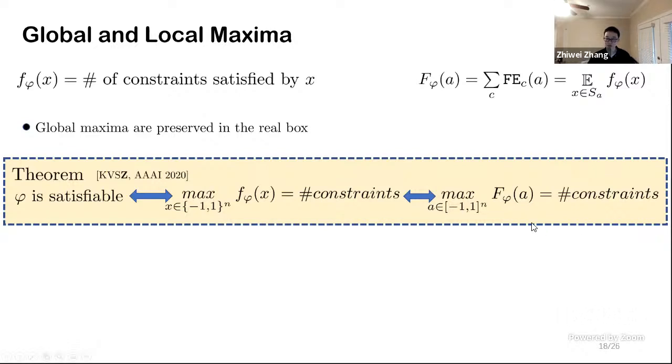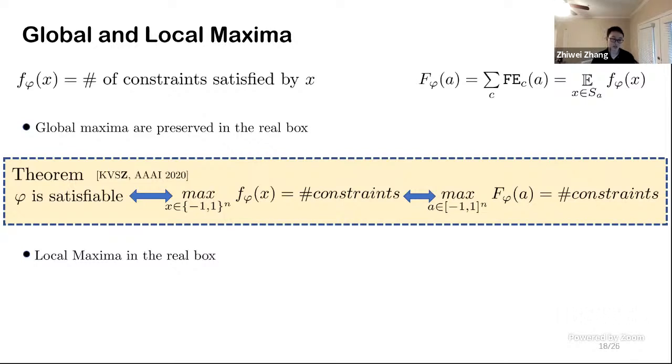And the maximum of the fitness function is still the number of constraints. So that means the fitness function is well behaved inside of the box and it won't exceed the number of constraints. We cannot end up missing some global maximum inside of the box.